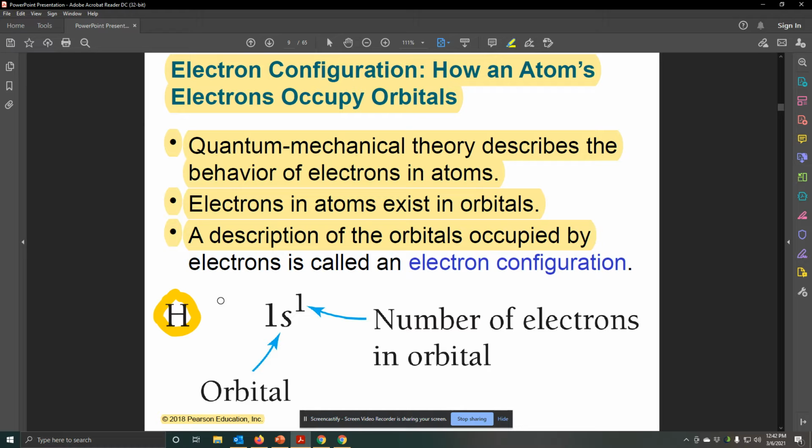The first shell only has the S subshell, and that 1 electron will fall in that S subshell. So this here is shell number 1, the S subshell, and 1 electron is in that S subshell. So we would write that as 1s1. That is the electron configuration for hydrogen.